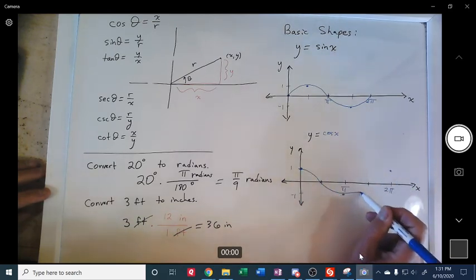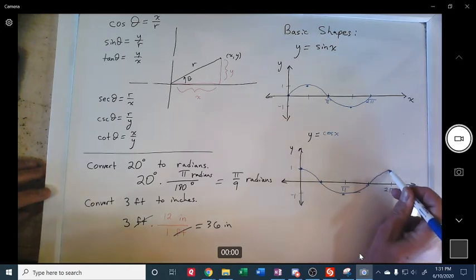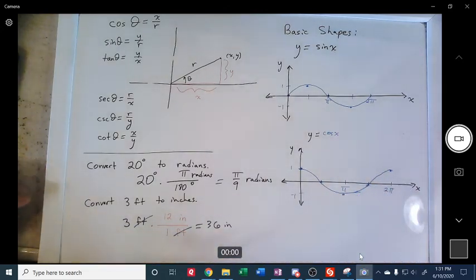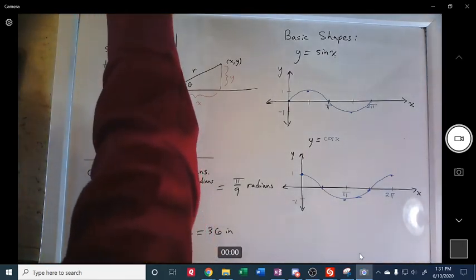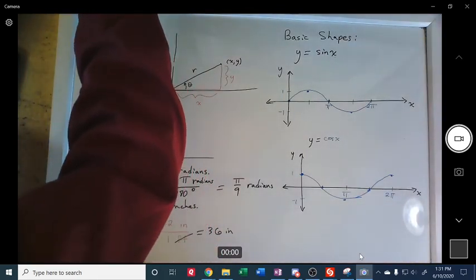Get this smooth curve, like this. Alright. Now, I'm going to erase some stuff, but before I erase, I'm going to do a print screen.